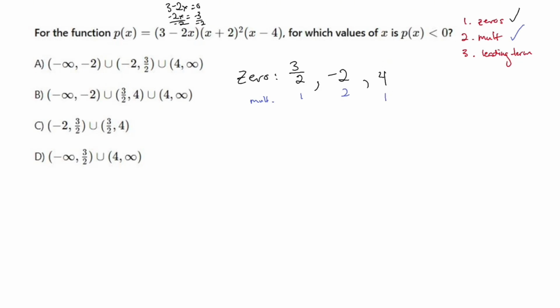Now the last thing I have to do is find out the leading term. You find the leading term by taking the leading term of each parentheses and multiplying them to each other as many times as you're supposed to. In this case, I'm multiplying this second x twice, because the parentheses is squared.